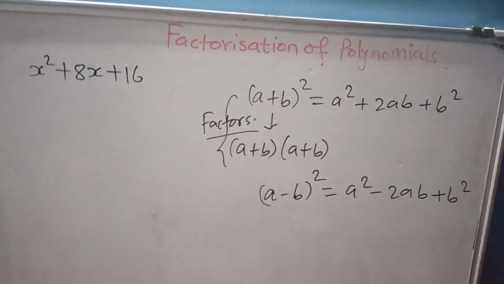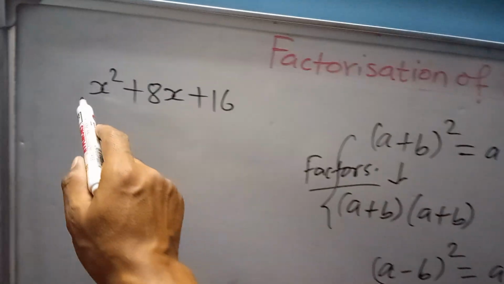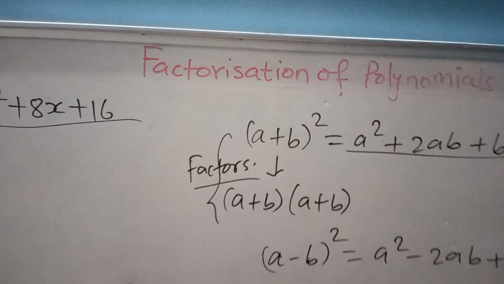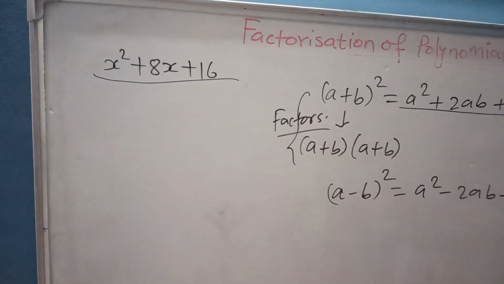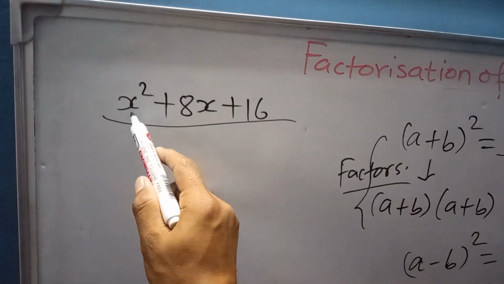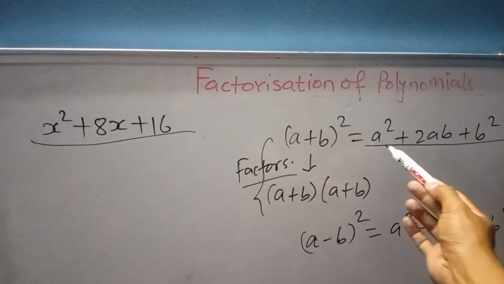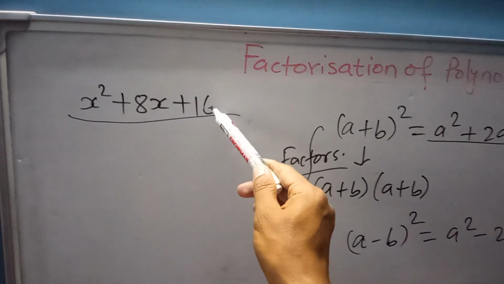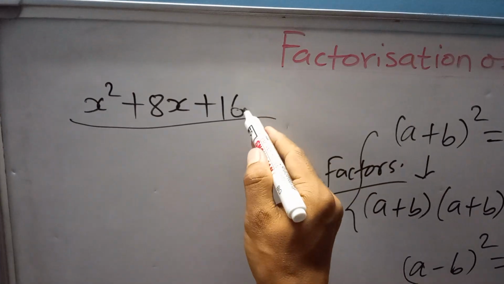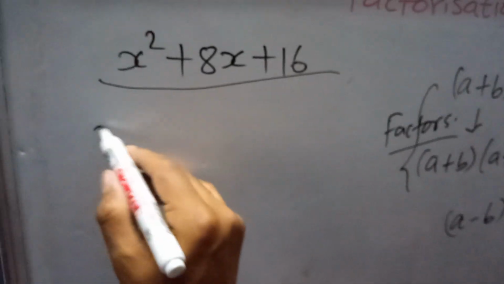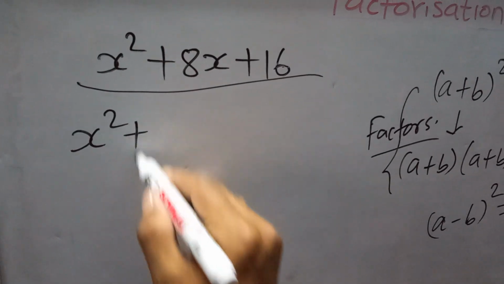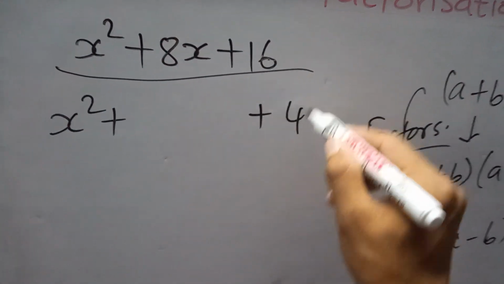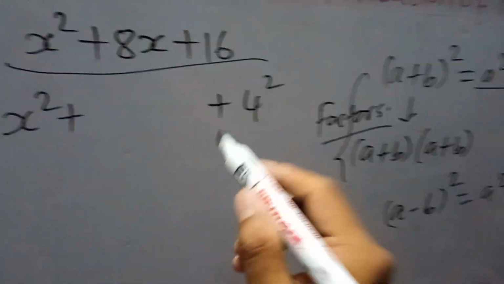So for this question, what we do is we compare this x square plus 8x plus 16 with a square plus 2ab plus b square. In other words, this x square, we compare it with a square. This 8x we write in the form of 2ab, and 16 we will be writing in the form of b square. Okay, so x square is x square plus, I'll write nothing for this middle term, plus 16 is 4 square, right? Now we have 2ab here.